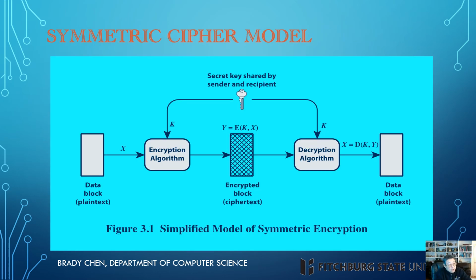Okay, now here's the symmetric cipher model. Now we're going to use this diagram to illustrate the symmetric cipher model. Now in this diagram, the first thing we need to look at is the data block. Data block is also the plain text, which is the original message. Okay. Now you can actually send the plain text to the cloud and then to the destination.